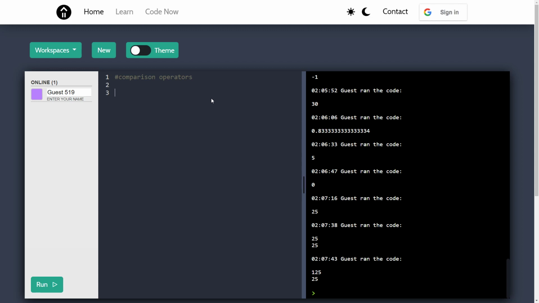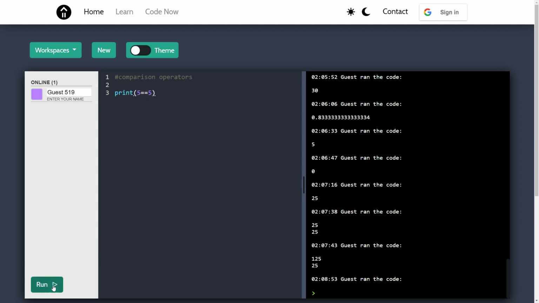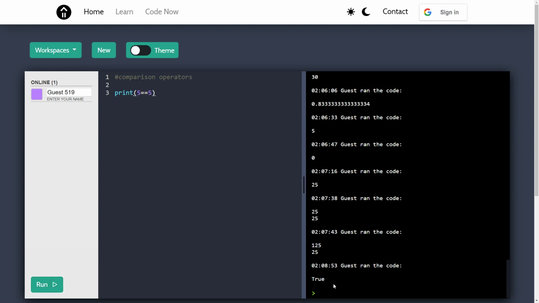It compares two values. Alright, what does that mean? So, I'm going to print 5. Now, you may be like, okay, you put an extra equal there, Seth. You messed up. No, actually, equals is going to output true.